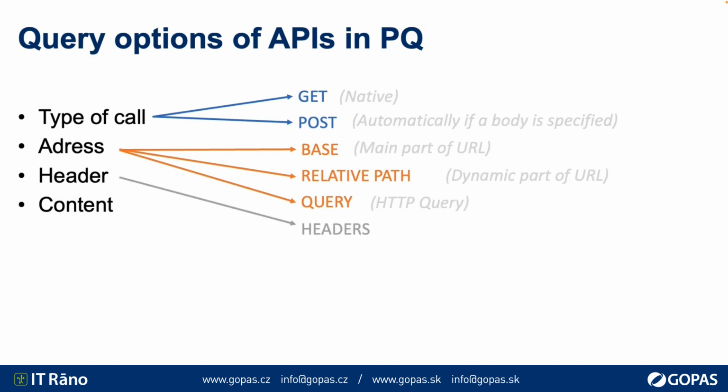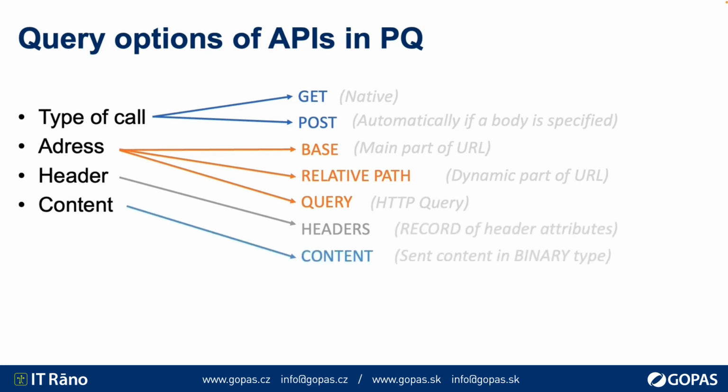Also inside the Power Query, we can set the headers, which is a part of the URL that will be sent. Oh, sorry, it's not a part of the URL itself. It's a part of a call that will be sent with the URL, and also then the content.